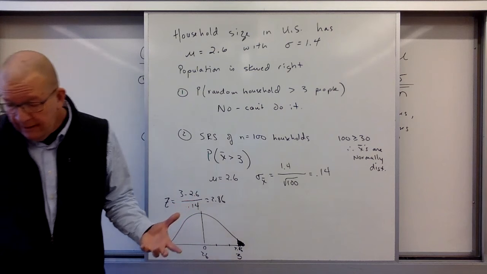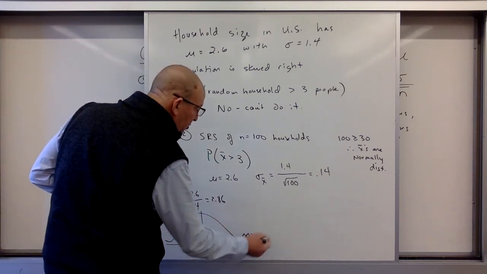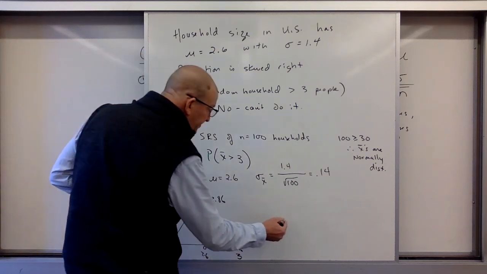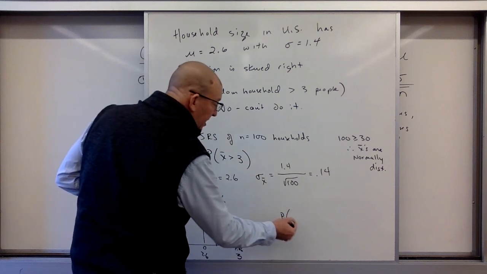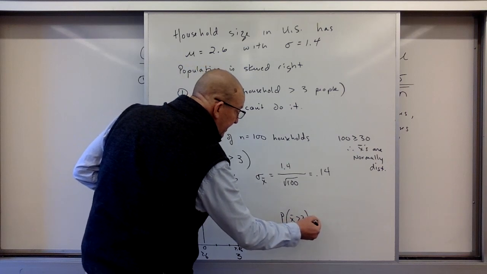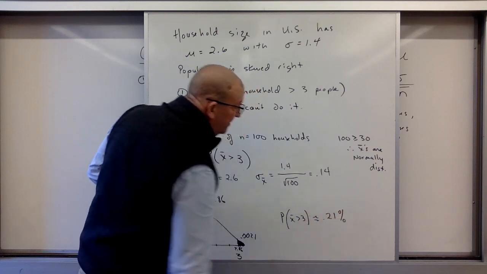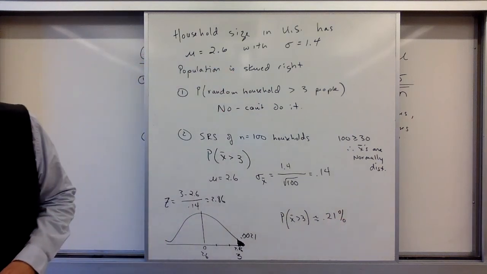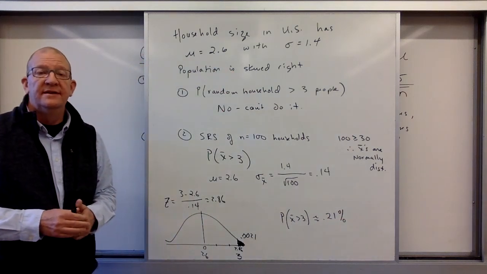It's small, but this comes out to 0.0021. So the probability that our mean will be more than 3 is approximately 0.21%. And this is how we're going to answer this question.